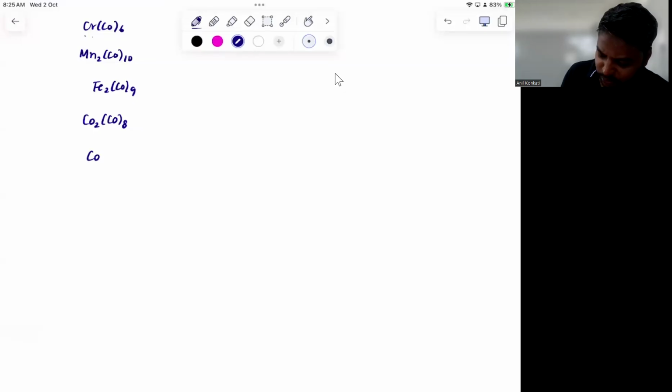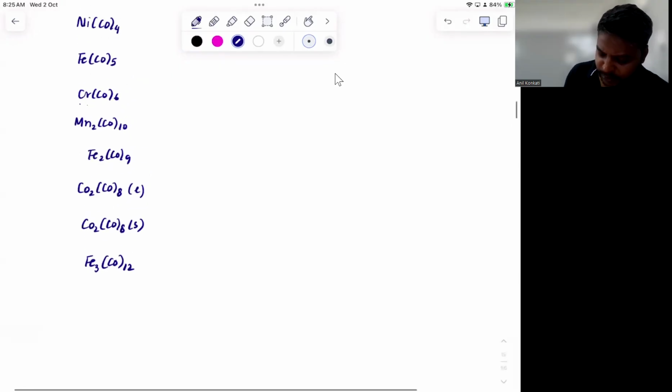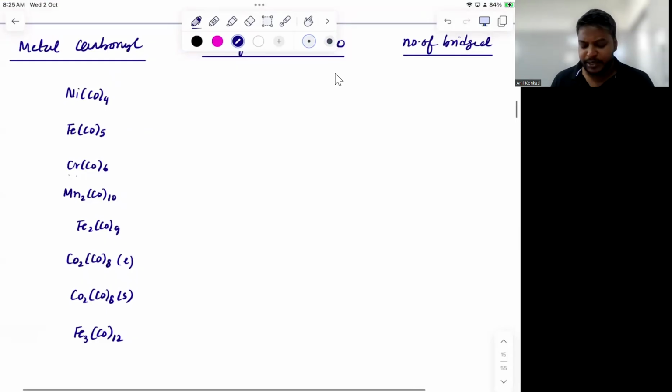Okay. Then Fe2(CO)9. This is another one. Co2(CO)8, right? And Co2(CO)8 both in solid state and liquid state, we have slight differences. Then Fe3(CO)12. These are typically the ones which we'll be learning.